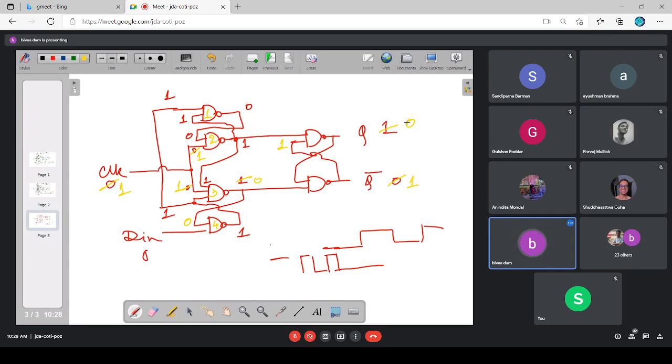The output will follow the input only when the clock rising edge comes. So in effect, this memory element is nothing but one flip-flop type of memory element because the output responds to the input condition only at the rising edge of the clock. So this is a rising edge sensitive flip-flop. And whatever flip-flop, not D flip-flop.